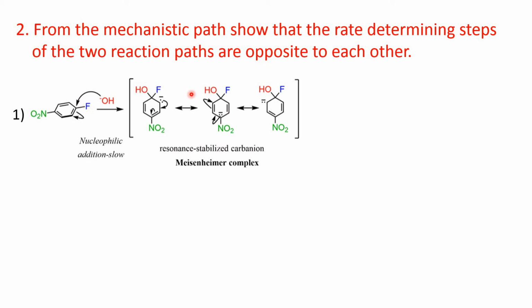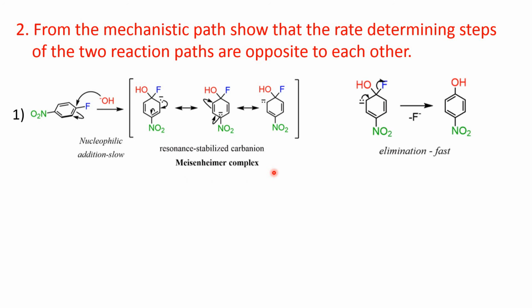This carbanion is stabilized by resonance, and this complex carbanion is known as the Meisenheimer complex. And then what happened? This leaving group leaves and we get the final product. And this is the elimination.